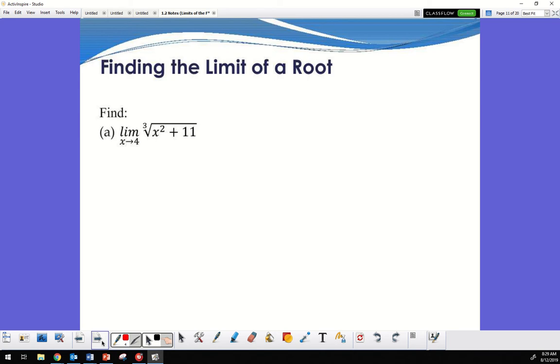Square root, I cannot. All even number roots, I cannot have negatives. That would give me imaginary numbers. But with a third, I can. Any odd number root, I can do that. So there is no restriction, so it's going to be 16 plus 11, which is 27. Cube root of 27 is 3. There we go.